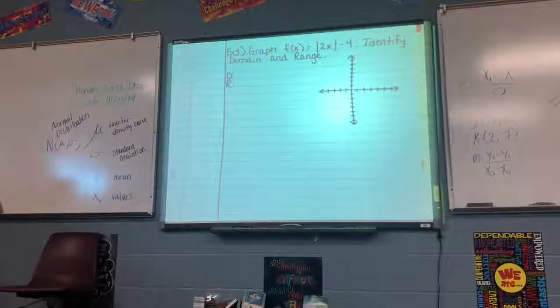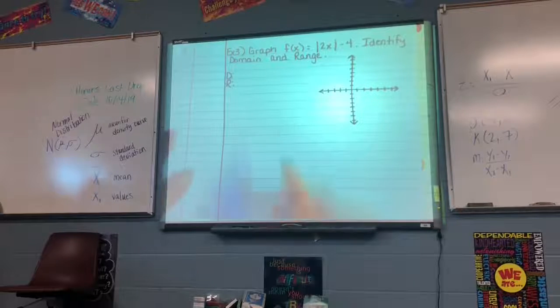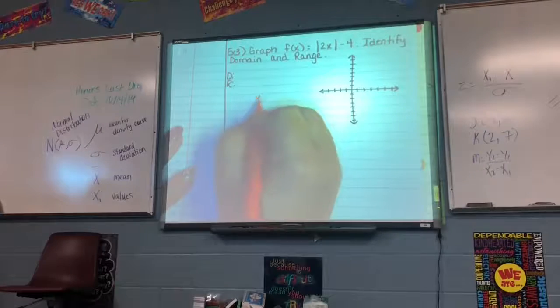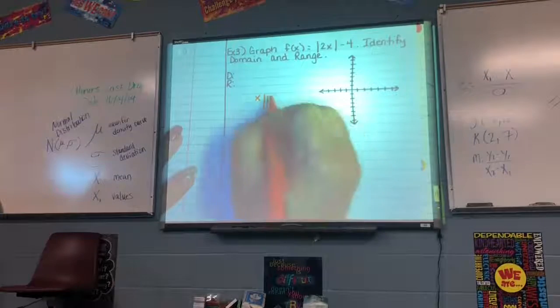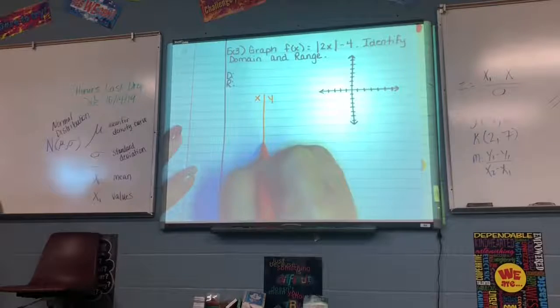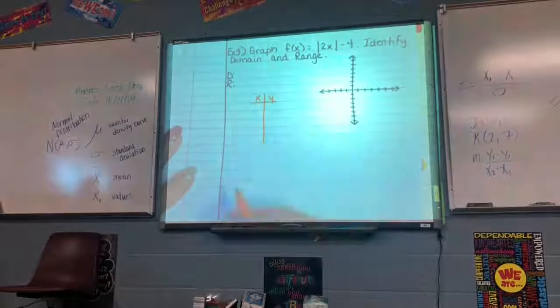Alright, so we've got this function, f of x equals the absolute value of 2x minus 4. And the first thing I'm going to do is identify some values for x for which I can find their values of y.